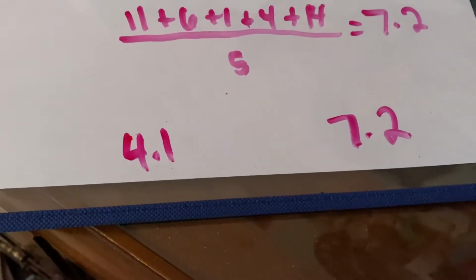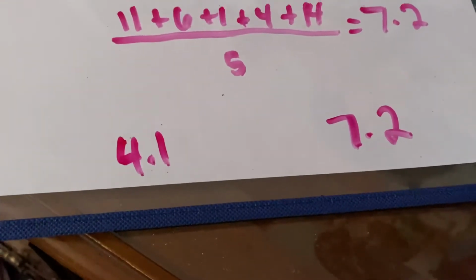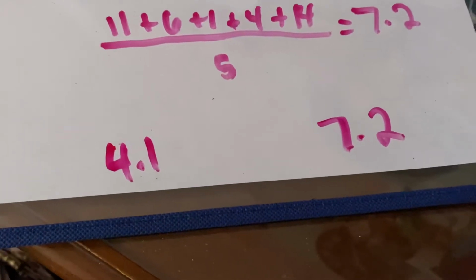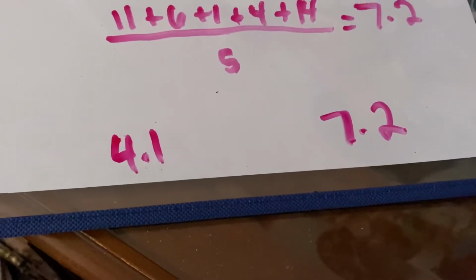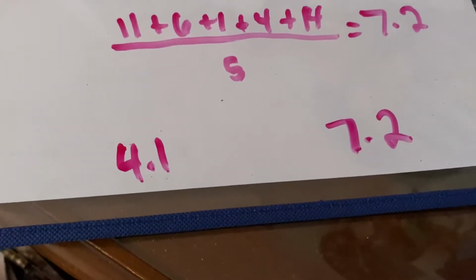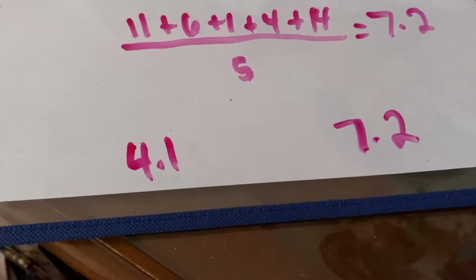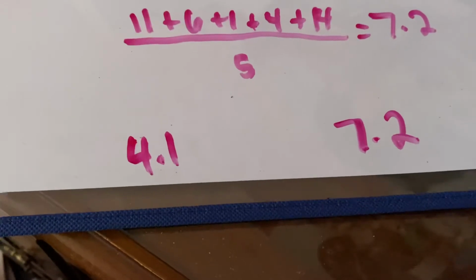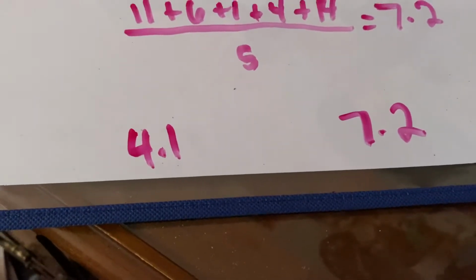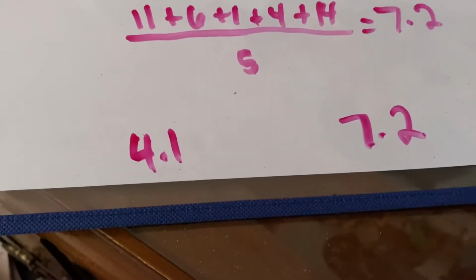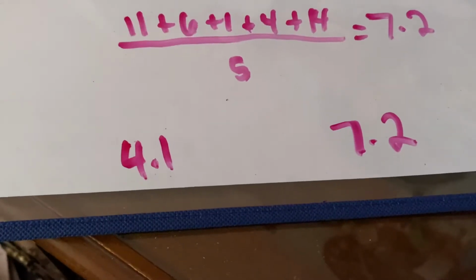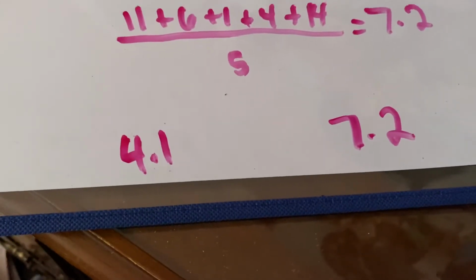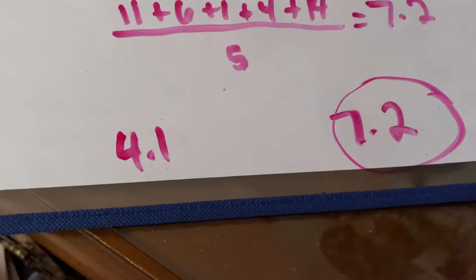Well, obviously 4.1 is smaller than 7.2. So for mean absolute deviation, that means that the average distance between the data value and the mean is smaller. So that means your spread is going to be closer together. If your numbers are farther apart and more spread out, that would be the bigger number.